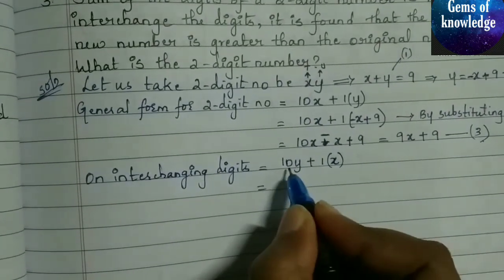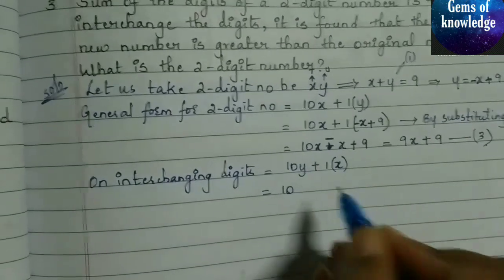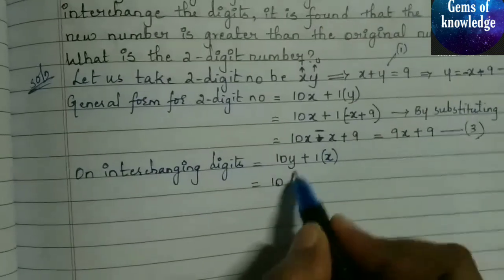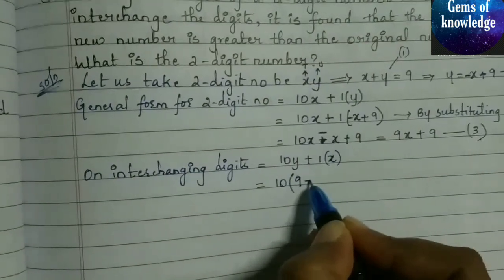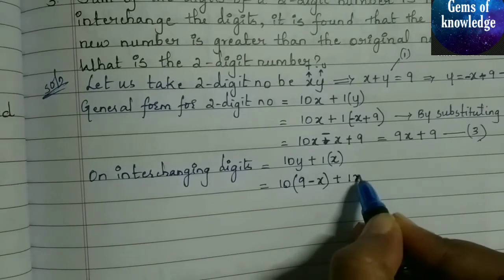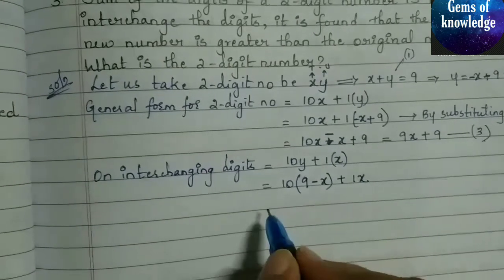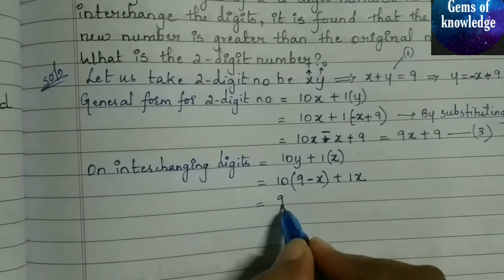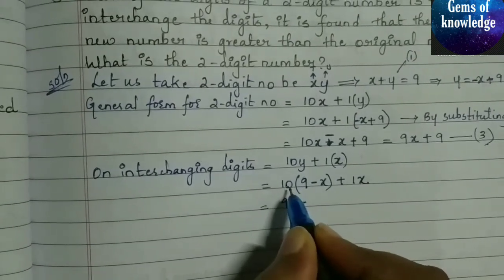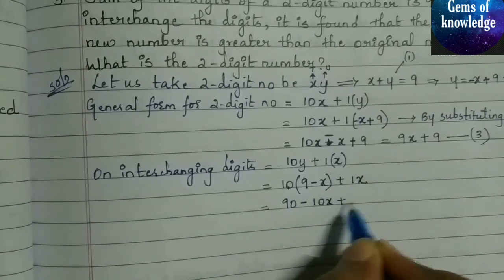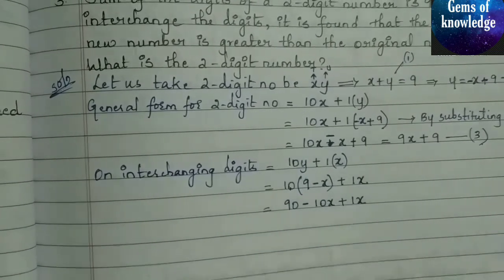Now let us substitute 10 into, y is nothing but 9 minus x. 9 minus x plus 1 into x will be as it is, 1x. So here we will get 10 into 9, 10 nines are 90, minus 10 into x is 10x, plus 1x.